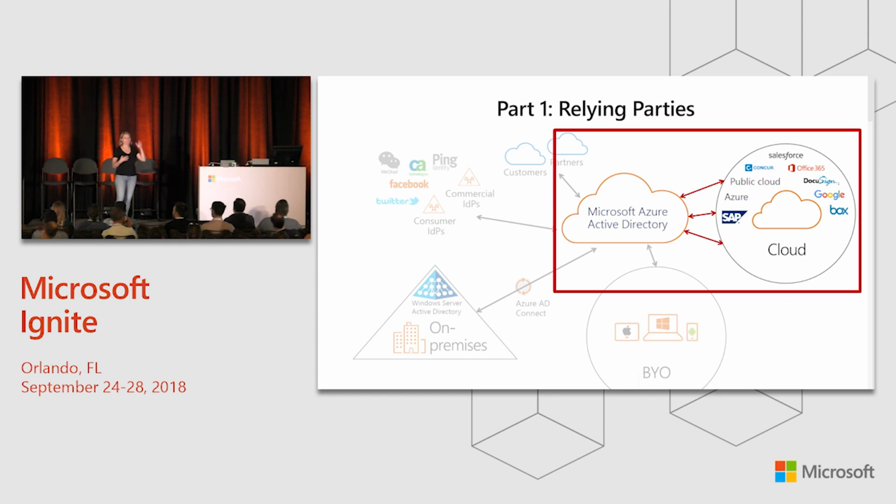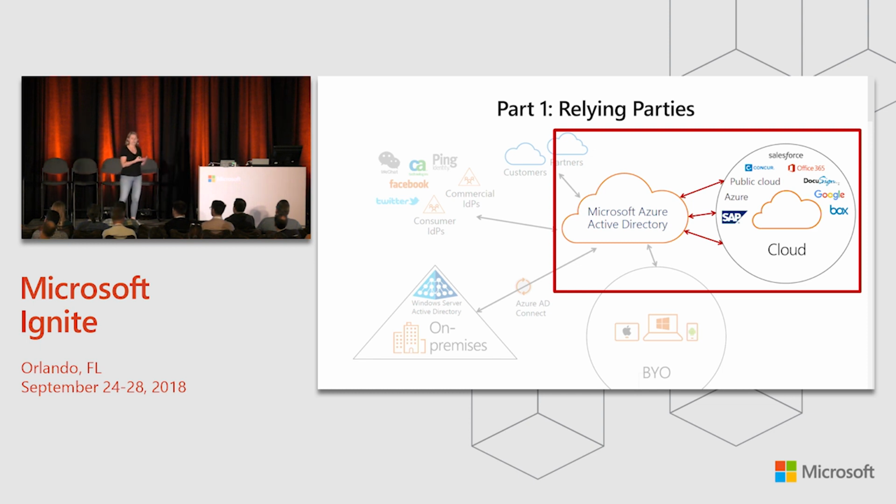Instead of the user having separate individual relationships with all these apps, now they can just simply go to the app and be redirected home to authenticate or redirected home to authorize a transaction and then head back to their app and they can just simply use it. Okay, so that's what a relying party means. And in this case, we're talking about other applications relying on information that Azure Active Directory is sending.